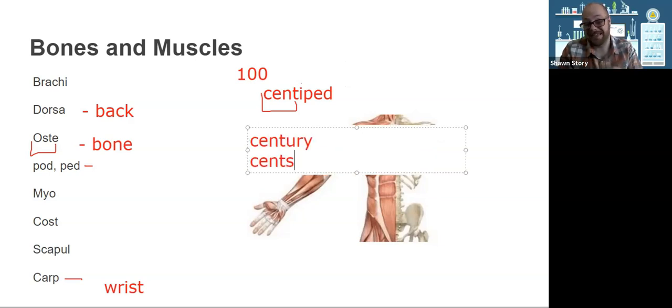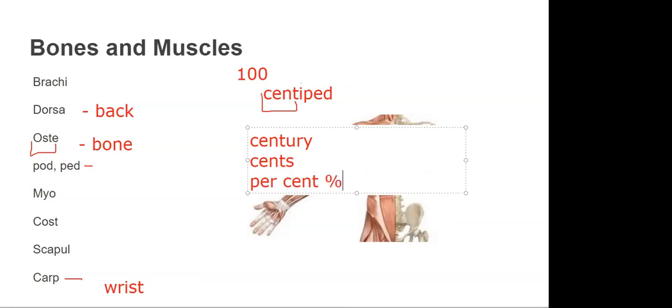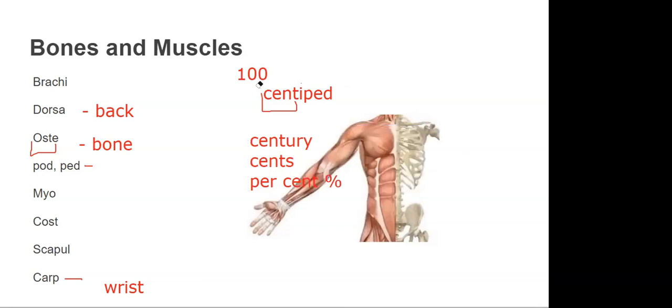We have 100 cents in a dollar. We have percent, which is for every 100. So per means for 100, out of every 100%. How interesting. So cent means 100. So a centipede literally means 100 feet.